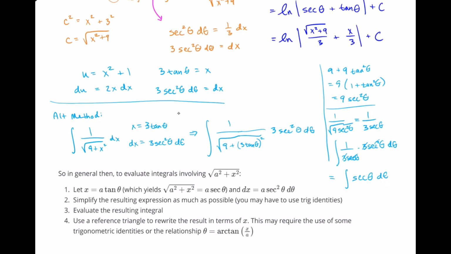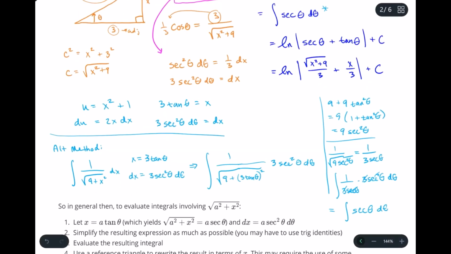And then you have dx as a secant squared because that's going to be the derivative of x. Then once you get to that point, simplify your expression as much as possible. You may have to use some trig identities. Sometimes you do, sometimes you don't. Evaluate the resulting integral, and then use your reference triangle to rewrite in terms of x.